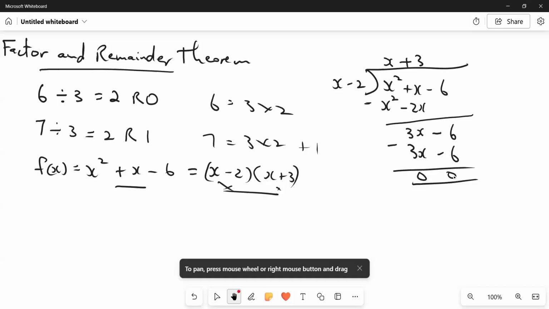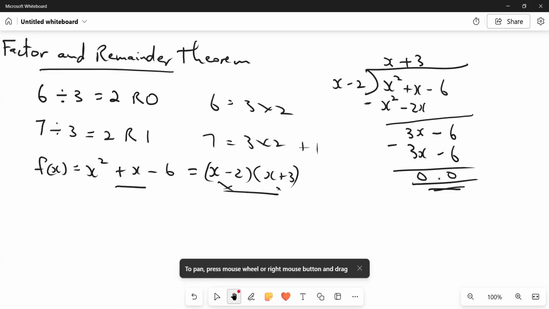So indeed, when we divide x squared plus x minus 6 by x minus 2, your quotient is x plus 3 and your remainder, which is where you see the remainder, is 0. So indeed, x minus 2 is a factor of x squared plus x minus 6.